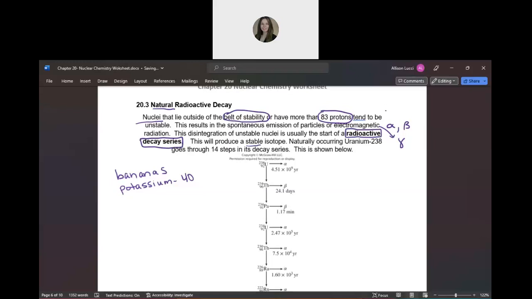Let's look at the radioactive decay series for the isotope uranium-238. Uranium-238 goes through 14 steps in its decay series, shown below here. We start with uranium-238.